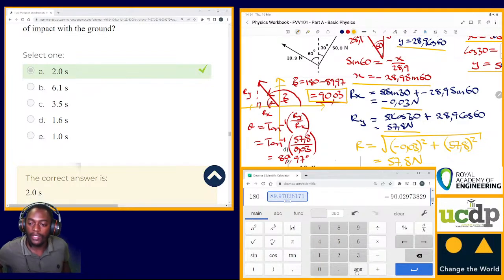Alright, so this is just a revision on vector resolving. This was done previously, but we thought of repeating it so that you guys are confident when it comes to resolving, because you still need to apply the concept of resolving later on, even in the next coming topics.